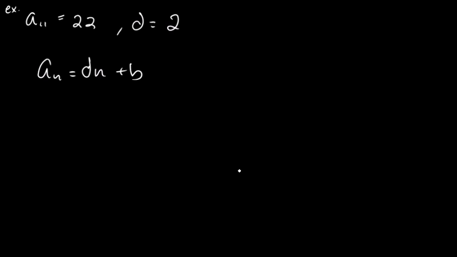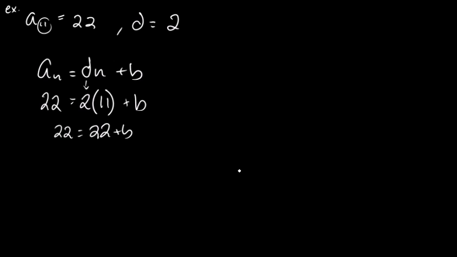I'm inputting 2 in for d, and I do have a sub 11, so if I put 11 in, I will get an output of 22 plus b. 24 equals 22 plus b. That does mean b equals 2.